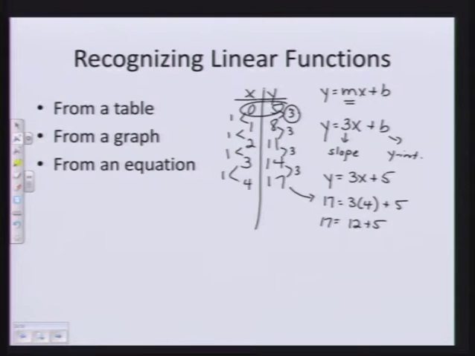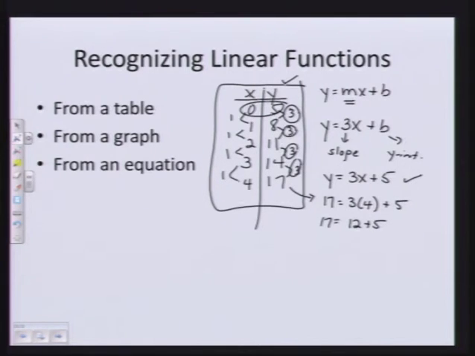So you're very comfortable with taking an equation like 3x plus 5 and coming up with a table of values and graphing it. And this time, in terms of modeling data, you would be collecting the data and you're trying to decide based on that data, is it linear? So you're looking to see, is there that constant rate of change there?